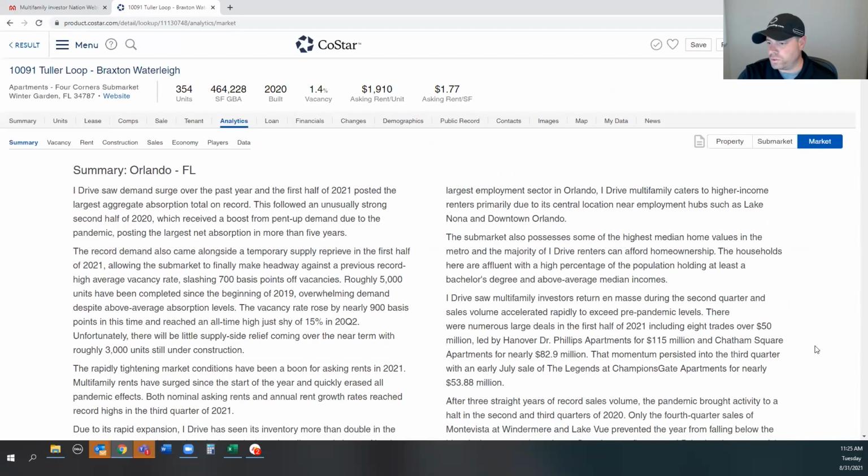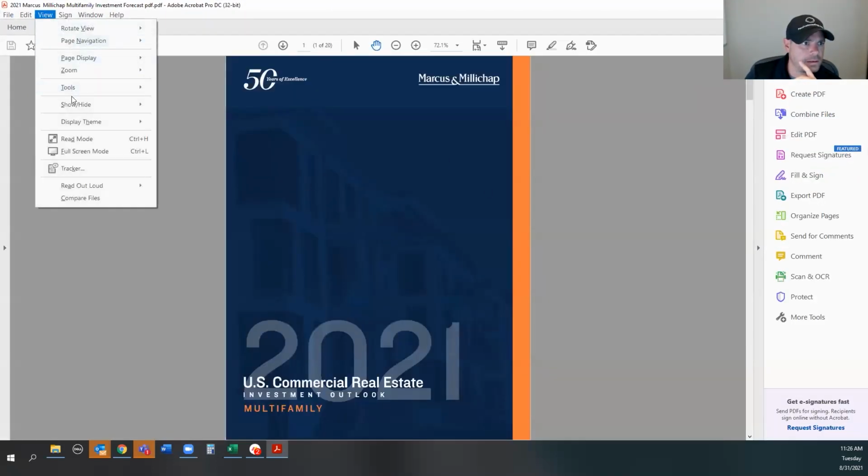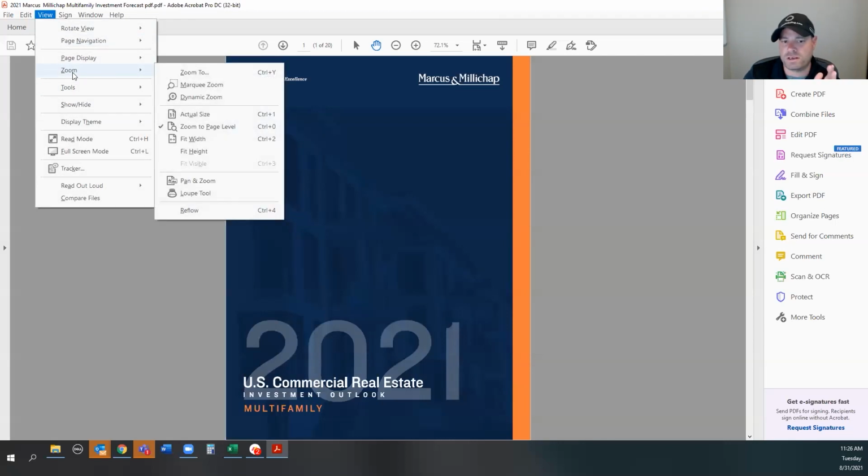Another thing that you can do, and I apologize, I should have had this up already, is you can get the Marcus & Millichap multifamily outlook. I'm going to pull that over here so you can see this. And this is free. You can just type in Marcus & Millichap multifamily investment forecast, and you can pull this out.